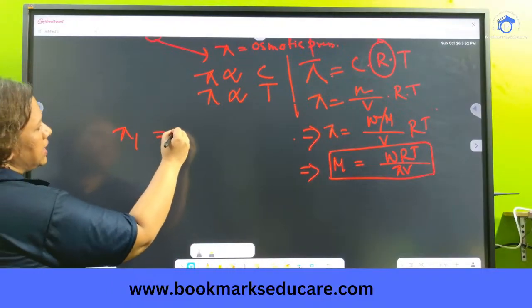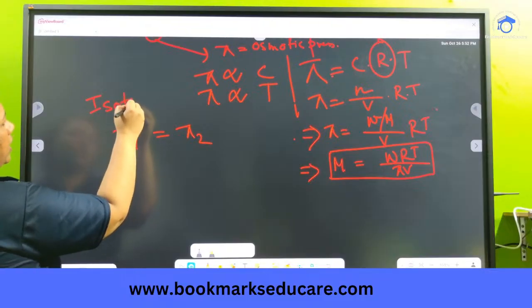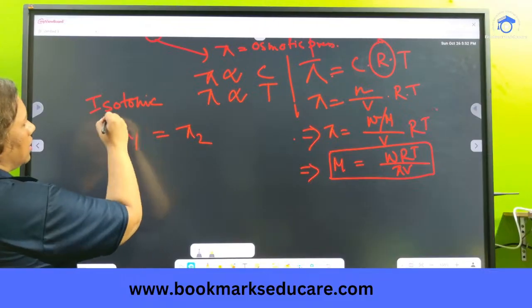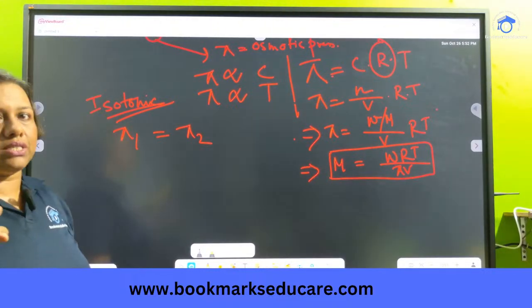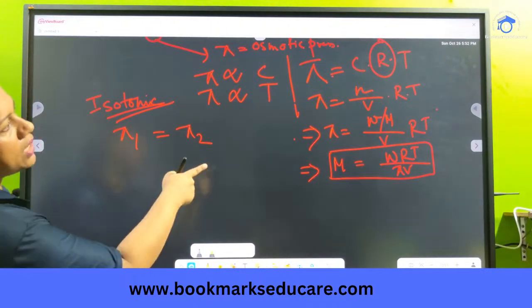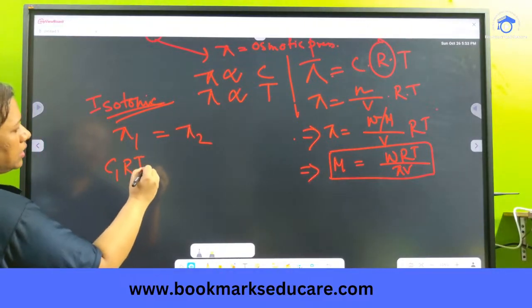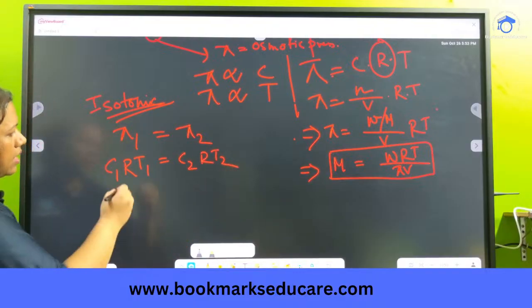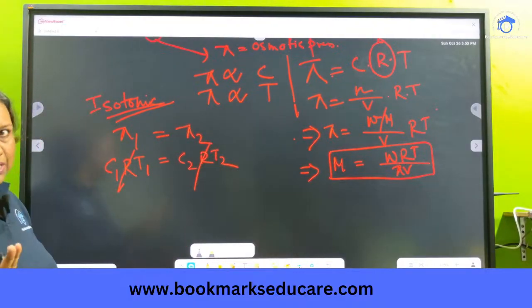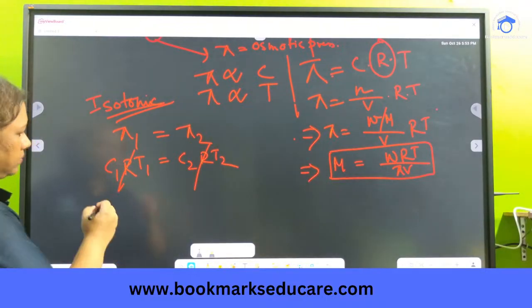So what will happen with the isotonic? When pi 1 is equal to pi 2, this scenario is called isotonic. At what condition? At a fixed temperature. So we know pi is equal to CRT. So C1 R T1 is equal to C2 R T2. R cancels out. At constant temperature, T1 is equal to T2.